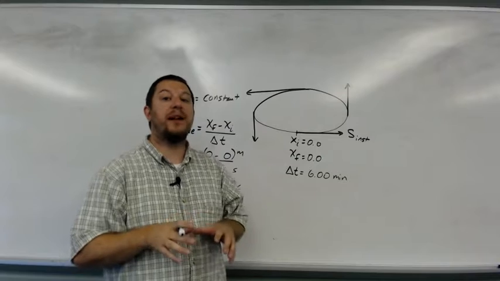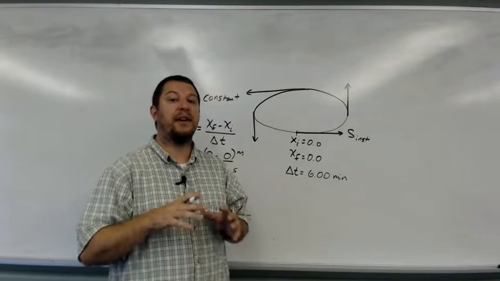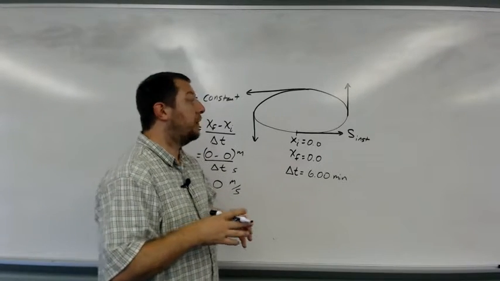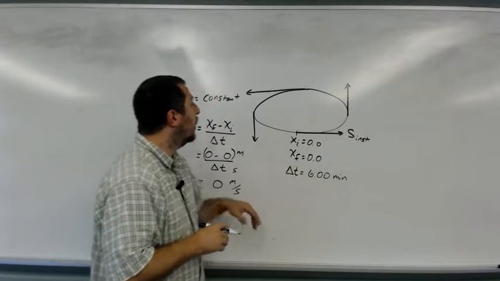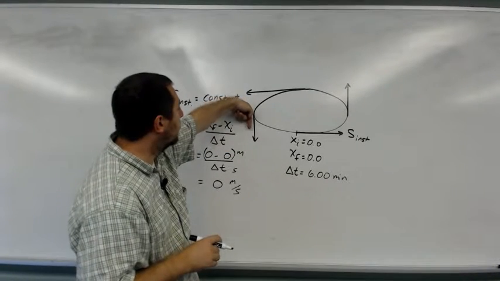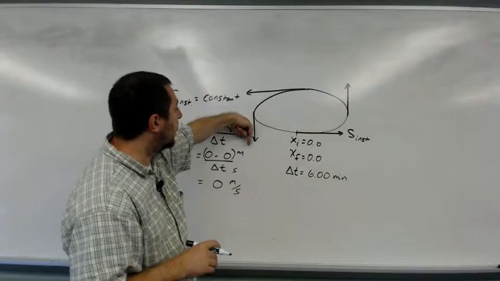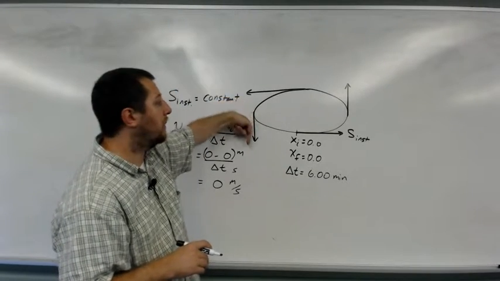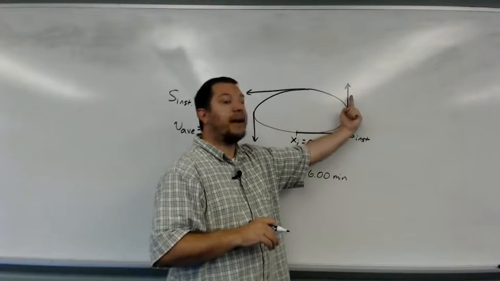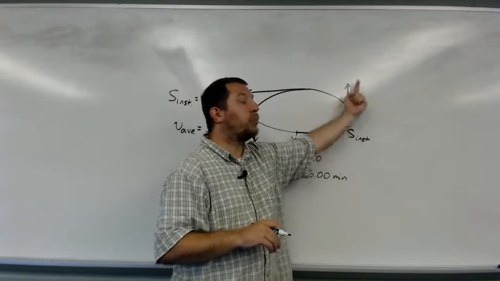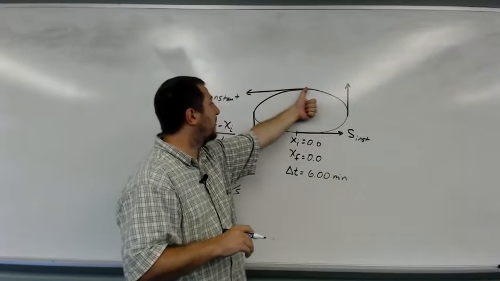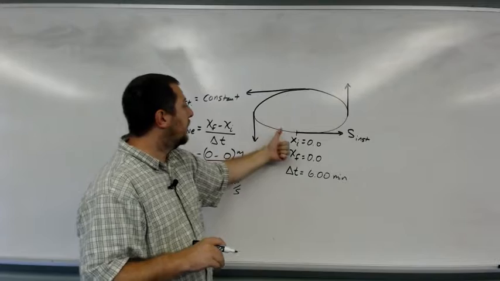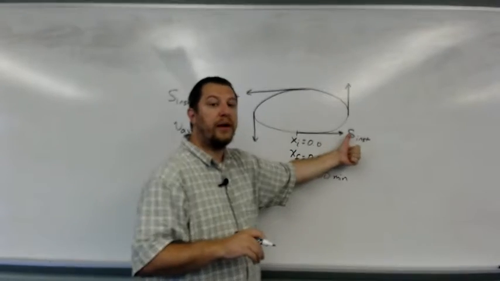Because remember, velocity includes both direction and magnitude, okay? Magnitude and direction, I should say. So for every point that I have a velocity vector pointing downward, I have on the other side of the track another velocity vector pointing upward. And since I have a velocity vector pointing this way, I have another velocity vector pointing this way.